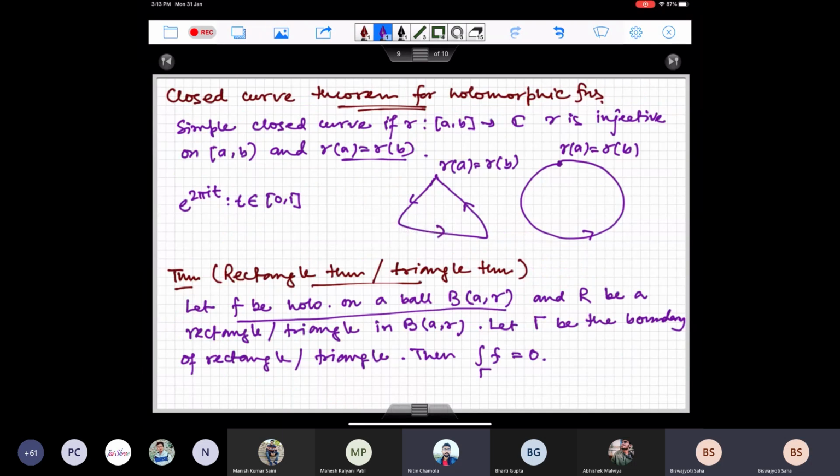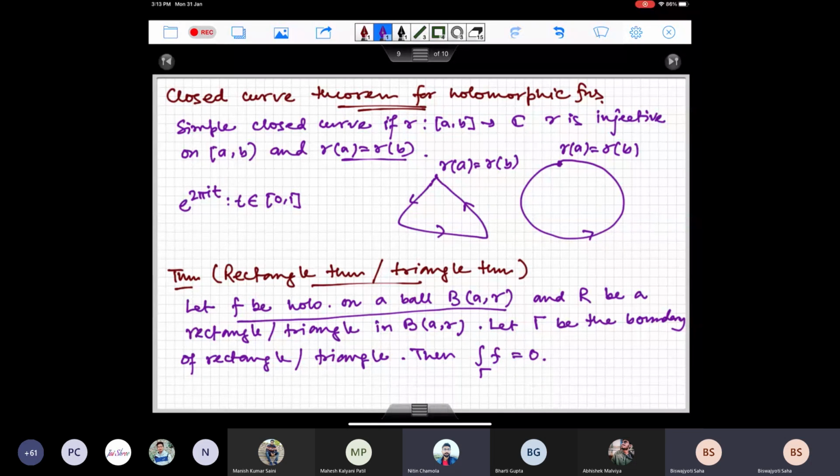In this segment, I am going to work with functions which are holomorphic not only on the curve, but also in the area which the curve inscribes, and perhaps a little bit outside also. So my function is going to be holomorphic, and then I am going to apply this theorem.